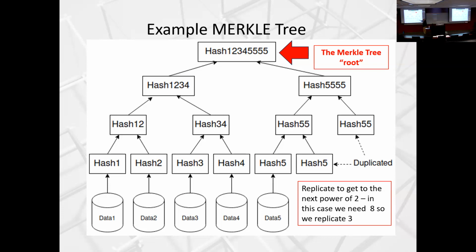So in this case, if there are only 5 batches and you need to create a Merkle tree, you need to replicate that 5th batch for 6, 7, and 8. So 7 and 8 come together, 5 and 6 come together, and it turns out this hash and this hash will look exactly alike.